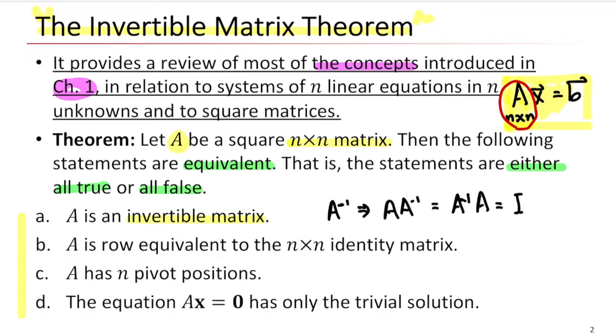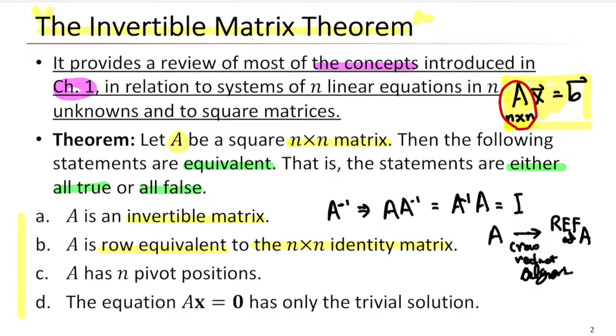Another statement is that A is row equivalent to the n by n identity matrix. What does it mean? Let's say we have an arbitrary matrix A. Then by using some kind of row reduction algorithm, we can convert the original matrix A into the reduced echelon form of the matrix A, right?